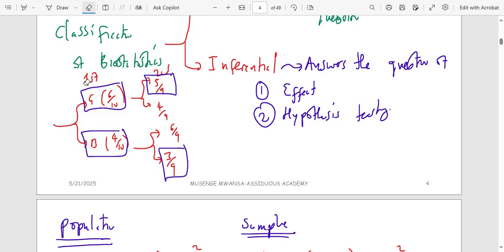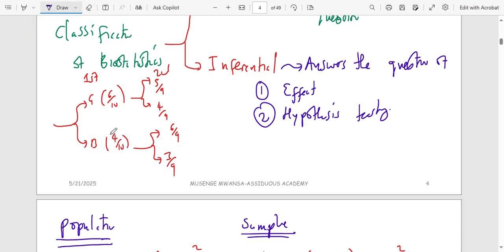If they said find the probability of picking first a blue ball and then a green ball, it will be 4 out of 10 times, actually this 3 is for another blue, so it will be 4 out of 10 times 6 out of 9. So that is how you'd be working out these.